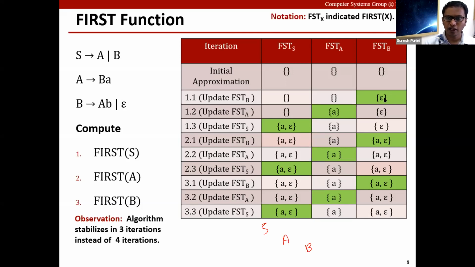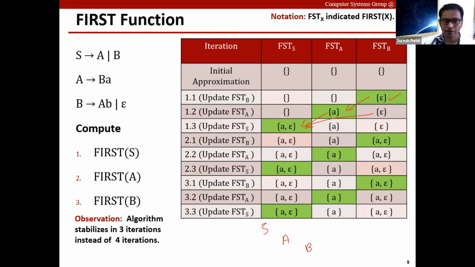If you start with B, then we can immediately conclude that the epsilon symbol belongs to the first set of B. This will have an immediate impact on the computation of the first set of A. We will include the terminal symbol A in the first set of A. And then the first set of S, which depends on the first set of A and the first set of B, includes both A and epsilon.